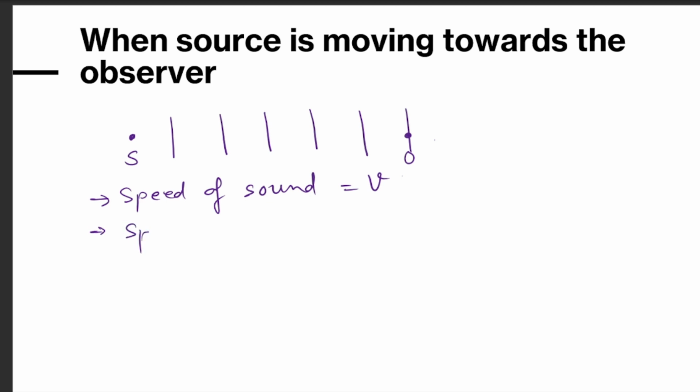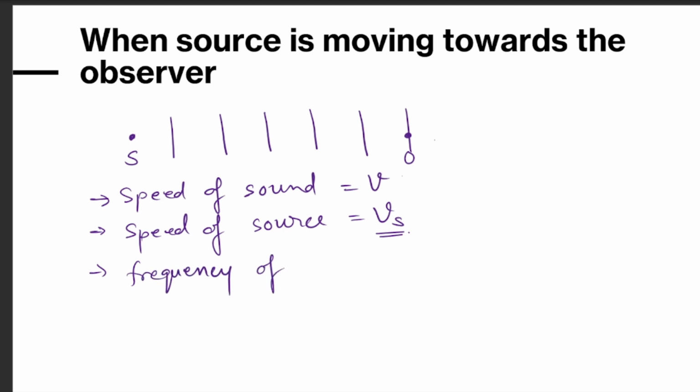Speed of source is v s, and sound has frequency f.